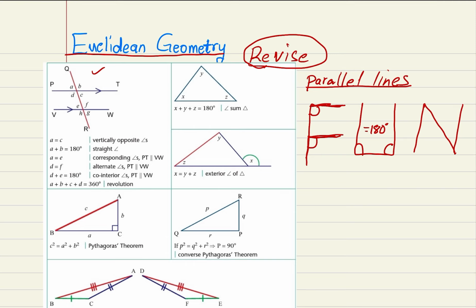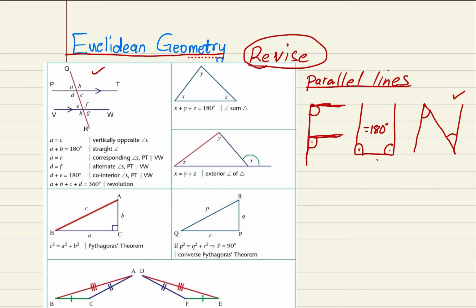Then we have this angle, which is that one. Now before I continue with this one, let's go back here. We call these two angles co-interior angles that are supplementary.